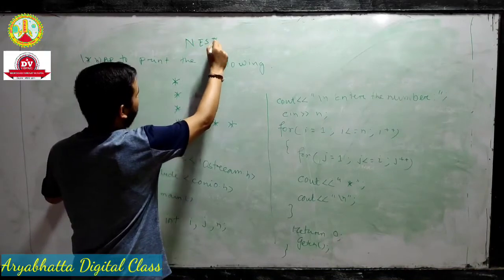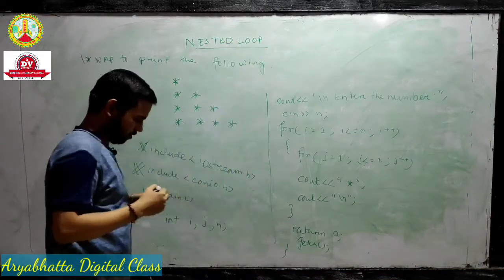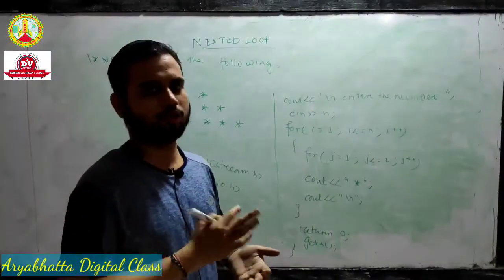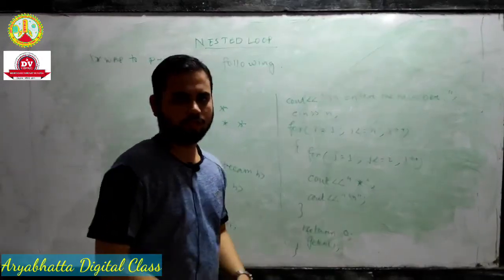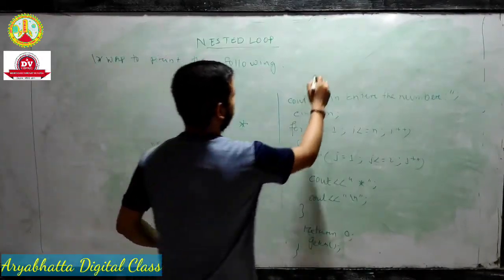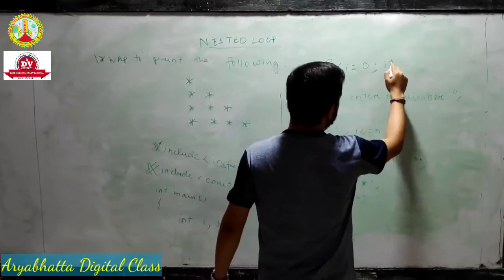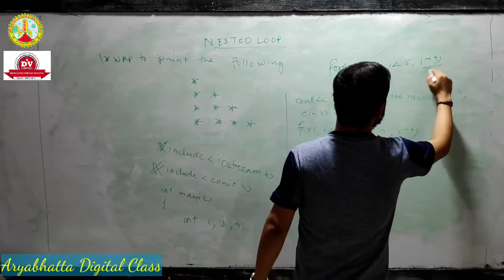Okay, nested loop. We already discussed what a loop is: while loop, do while loop, and for loop. For a for loop, first is initialization, second is the condition, and third is increment or decrement.